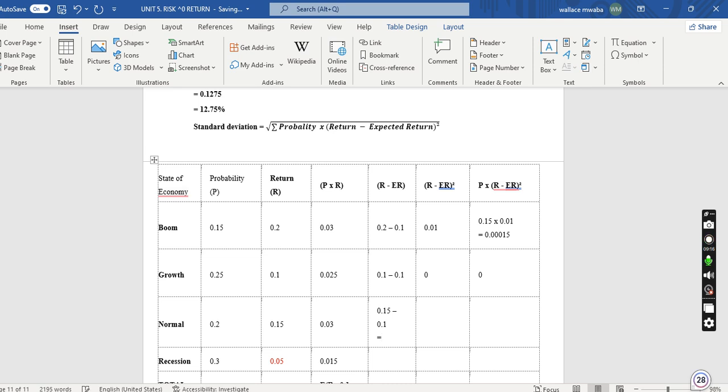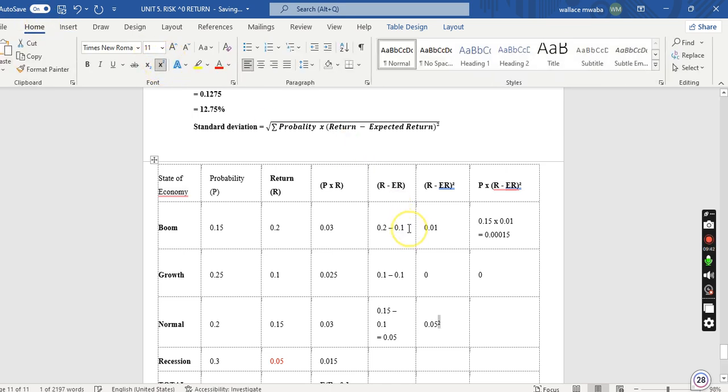So it is 0.15 minus 0.1, you get 0.05. 0.05 squared, what do we get?